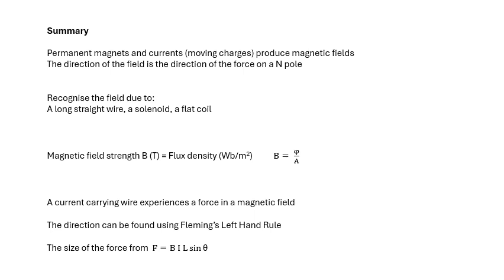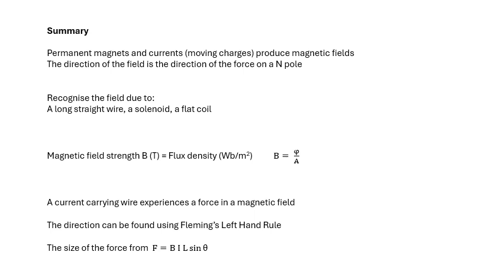Magnetic field strength is B, capital B, and it's measured in Tesla. And magnetic field strength is also flux density, so that's Webers per meter squared. So B equals phi over A, where phi is the flux in Webers.